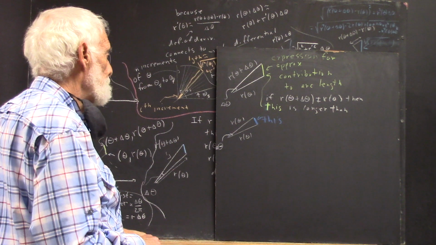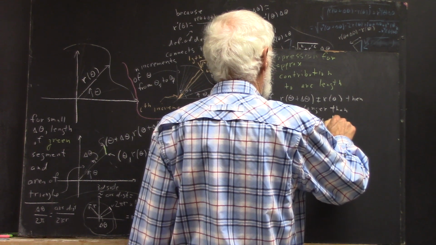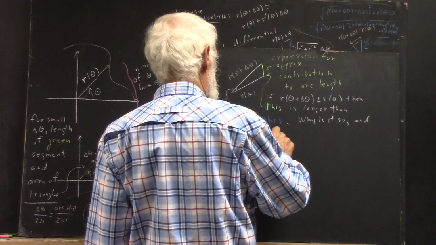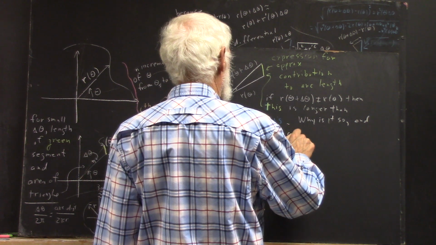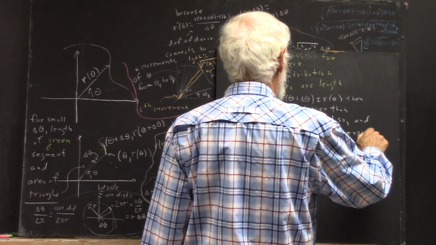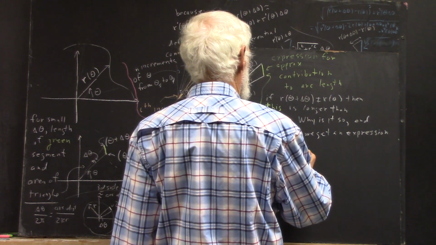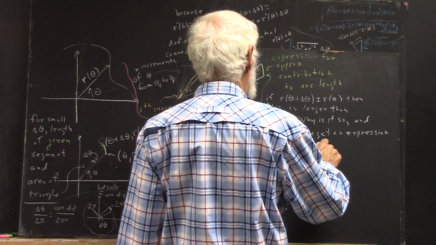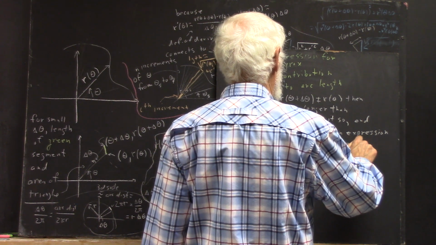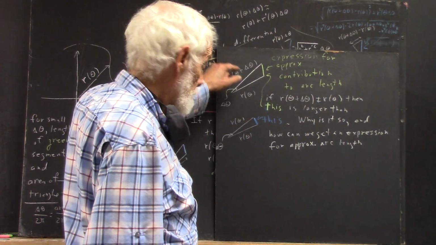Okay, so my question is, why is it so? And how can we get an expression for the approximate arc length, implicitly the approximate arc length due to this delta theta increment between theta and theta plus delta theta?